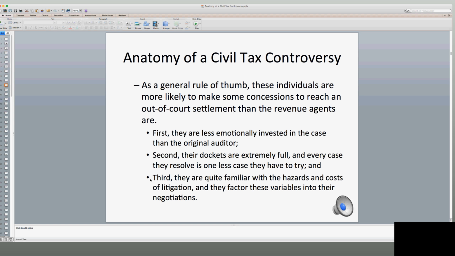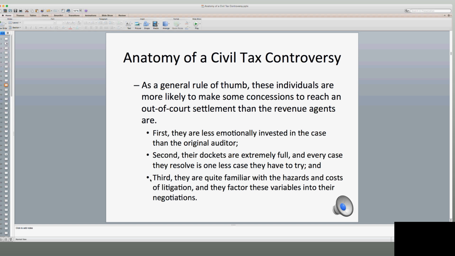Third, IRS Chief Counsel is quite familiar, and has to make themselves familiar, with the hazards and costs of litigation, and they factor those variables into their negotiations. They have to always be cognizant of the fact that if a case that is particularly weak for them goes to trial and results in a published opinion that is contrary to them, that could be relied upon as precedent by a petitioner in a future litigation.